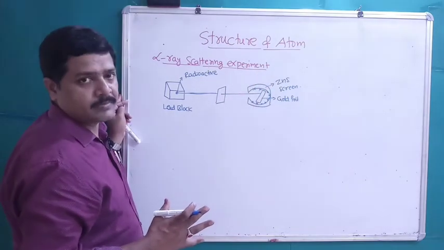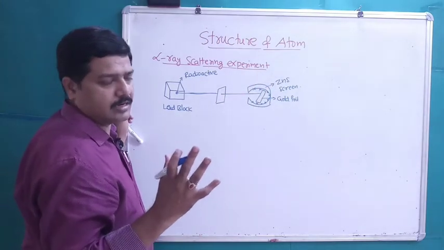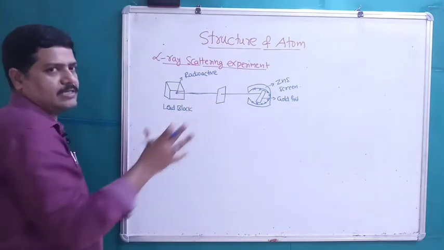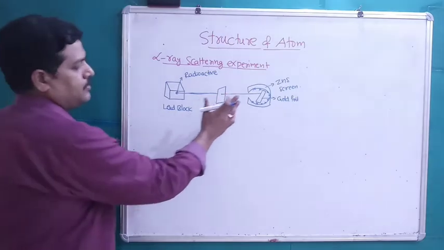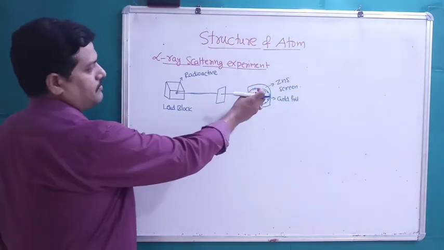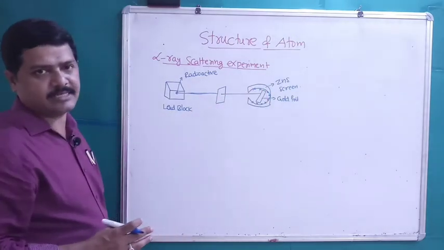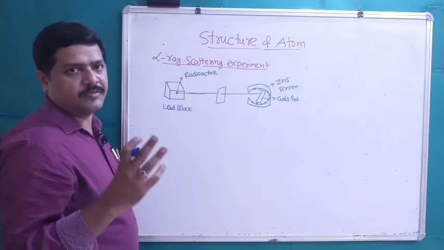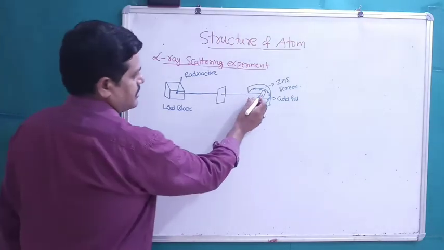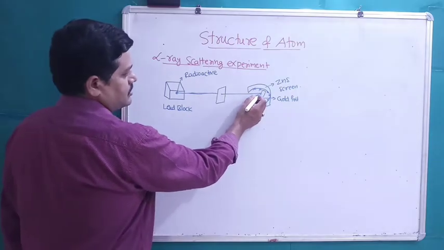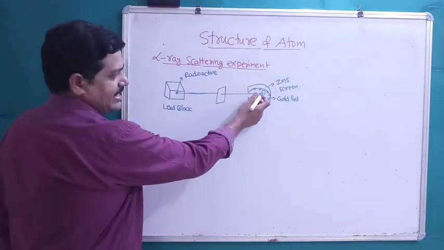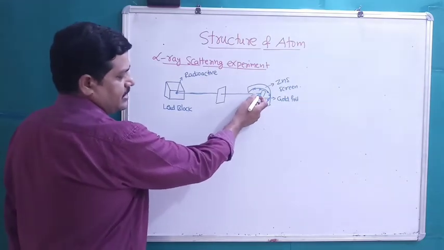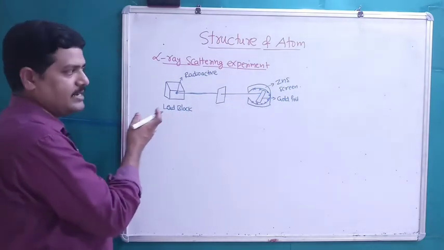That means a large part of the atom is empty space. A few particles were deflected with slight angles, and very few, 1 out of every 20,000 particles, were deflected with almost a 180-degree angle, rebounding back.